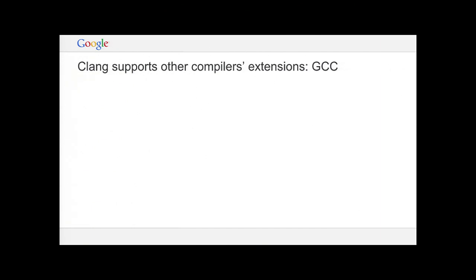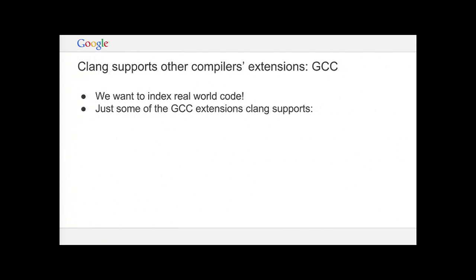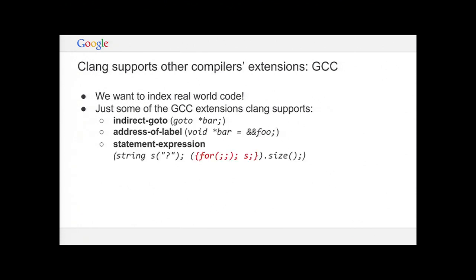We're interested in compiling actual code, right? And actual code uses extensions. Some of the extensions that Clang has supported, and remember, these are not part of the standard in any sense, but they come up in places like the Linux kernel, are indirect goto and address of labels. These are really great if you're implementing your threaded compiler, or your threaded interpreter.